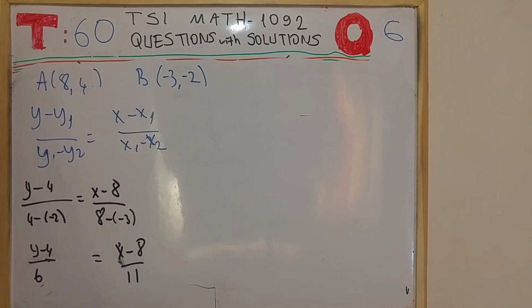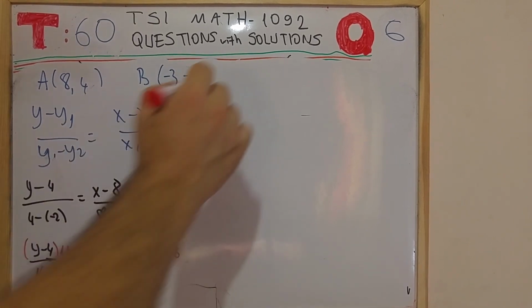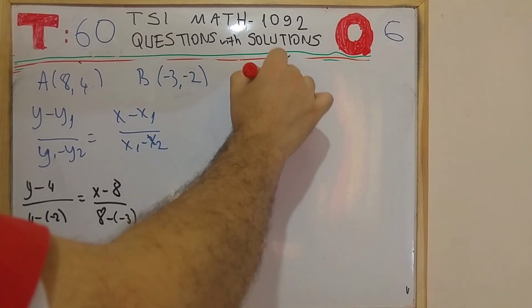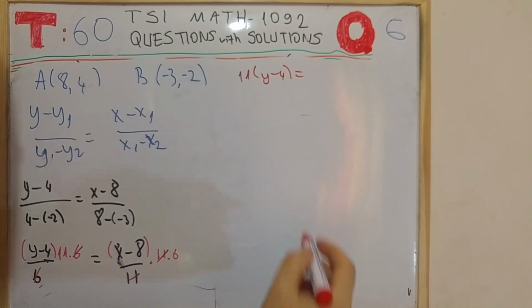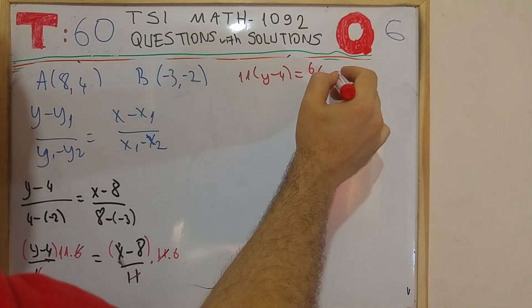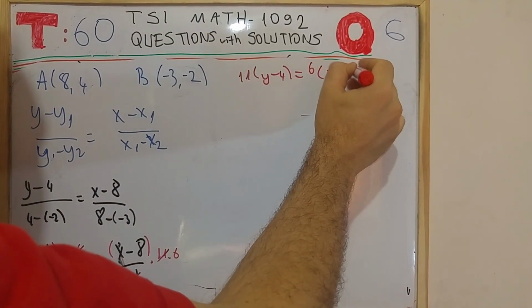Let's multiply each side by 11 and 6. So these and these simplify each other, and I have 11 times (y minus 4) is equal to 6 times (x minus 8).